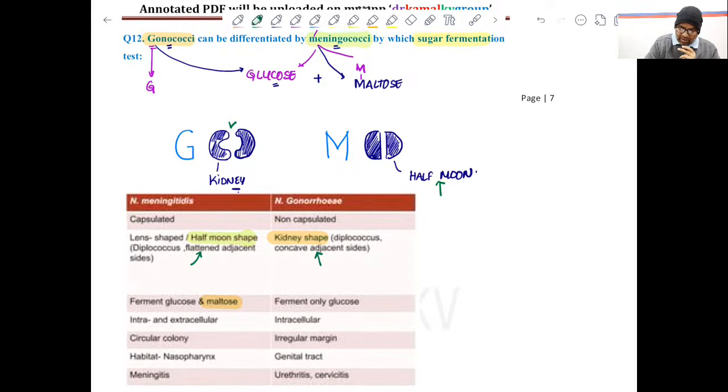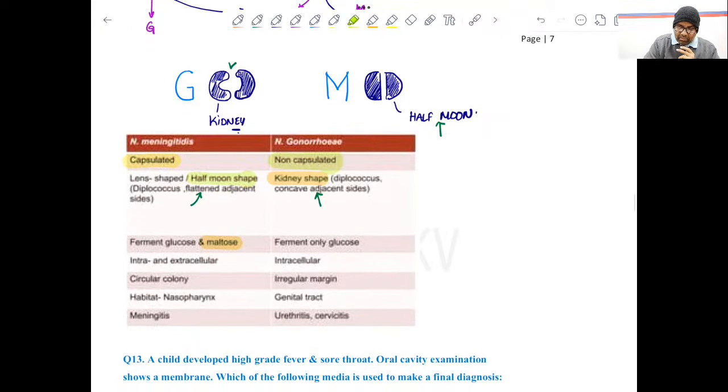Then apart from this, other differences which you can understand, like Meningococcus is capsulated, whereas Gonococcus is non-capsulated. Then Meningococcus can be seen within the cells or outside the cells, but Gonococcus is always within the cells, right? So this is intracellular, within the cells. Clear?